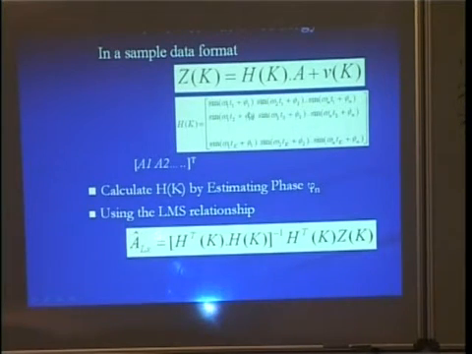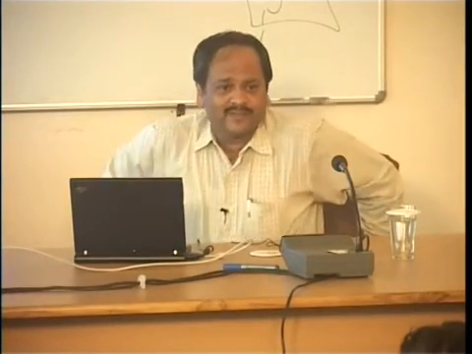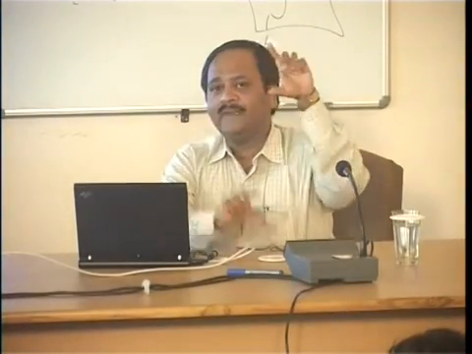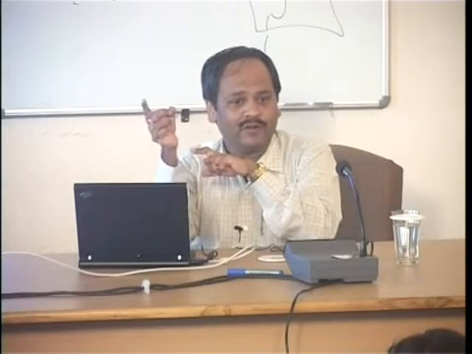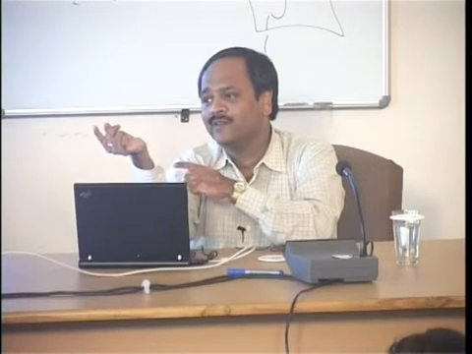A matrix is there, and I told you to find out the inverse, and that is a rectangular matrix. Can you find it? If it is a square matrix, you can find the inverse. But if it is a rectangular one, 3 by 4, you cannot find it. So in that case we go for the pseudo inverse. 3 by 4 multiplied by 4 by 3 becomes 3 by 3, so you can now find the inverse.